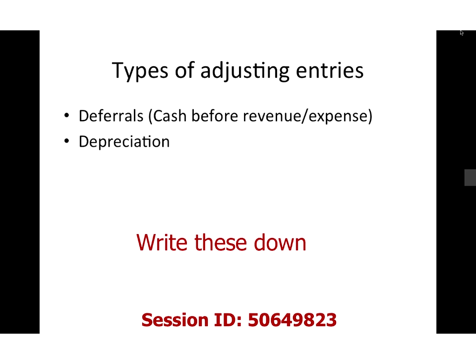The next type of adjusting entry is depreciation, which we're going to talk about today. There's a whole chapter devoted in the book to depreciation as well. And then the third kind is accruals. With accruals, the revenue is earned or the expense is incurred before cash changes hands.